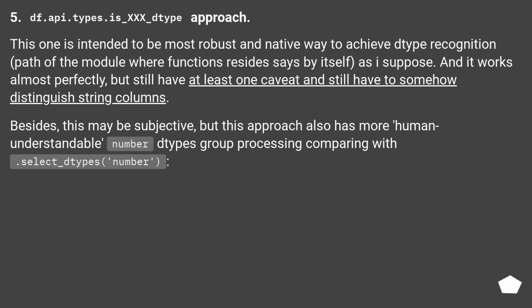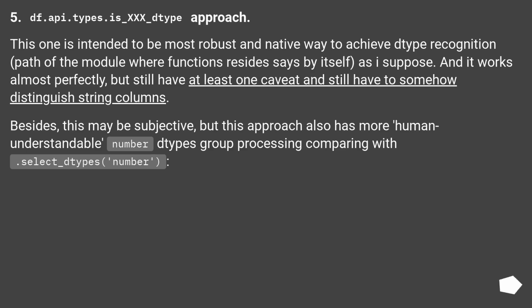Five. The pd.api.types.is_numeric_dtype approach. This one is intended to be the most robust and native way to achieve dtype recognition. The path of the module where the functions reside says it by itself, as I suppose. It works almost perfectly, but still has at least one caveat, and you still have to somehow distinguish string columns.